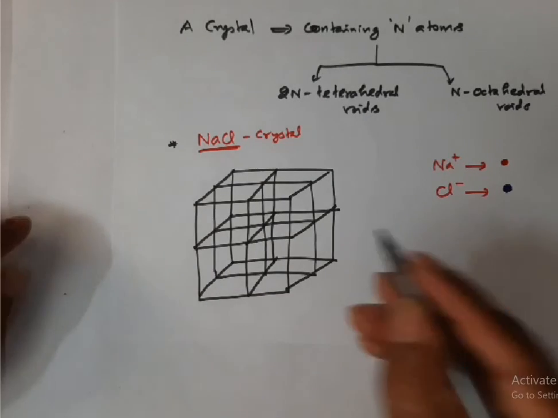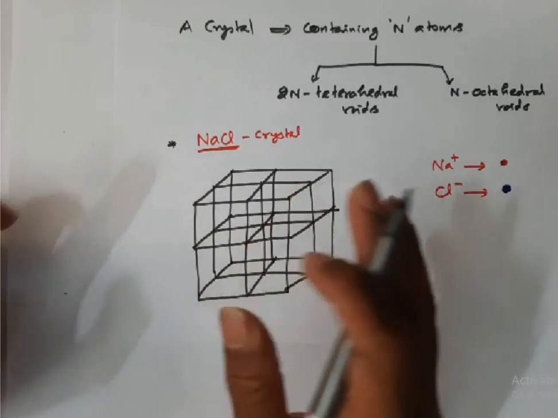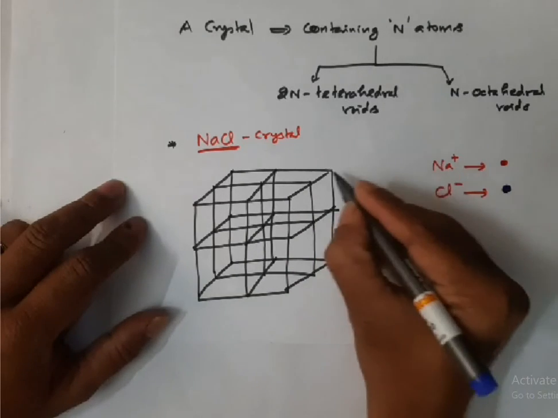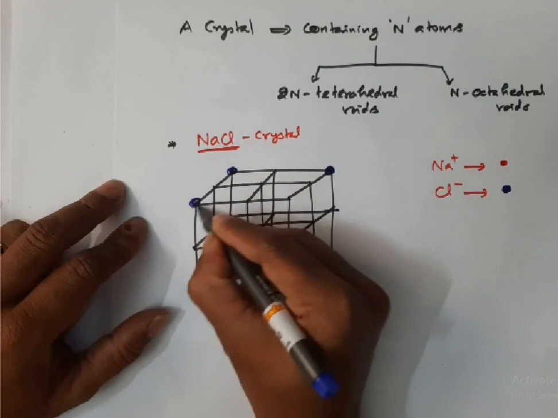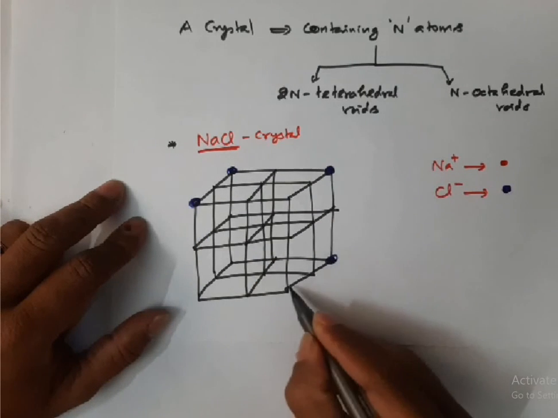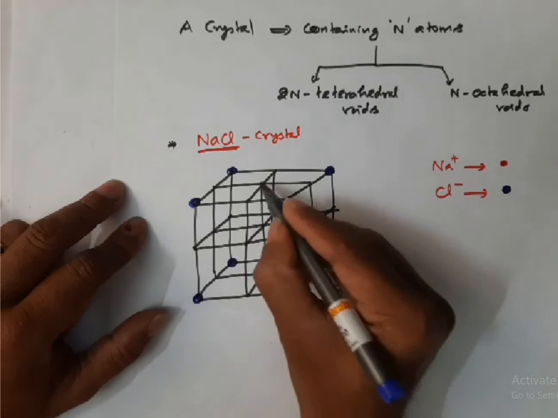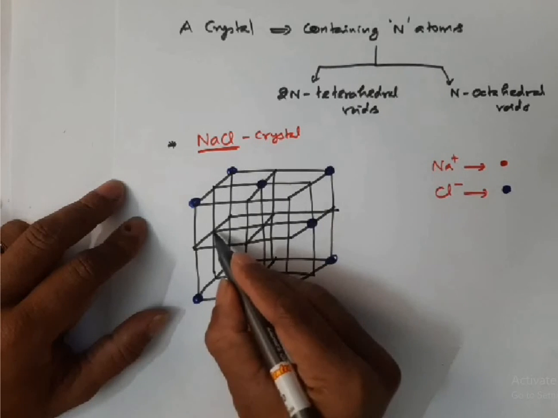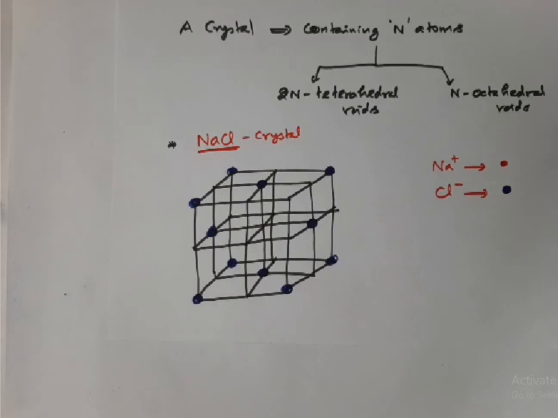Now listen to how the sodium chloride unit cell is made up. Students, observe this carefully: chloride ions are present at the corners as well as at the face centers. All the corners and face centers are occupied by chloride ions.